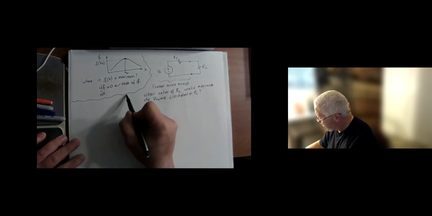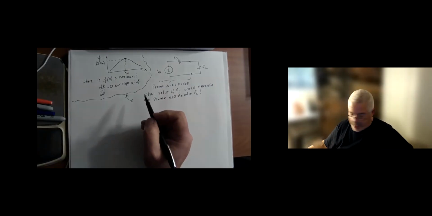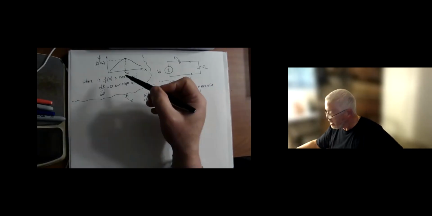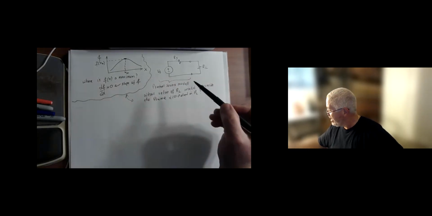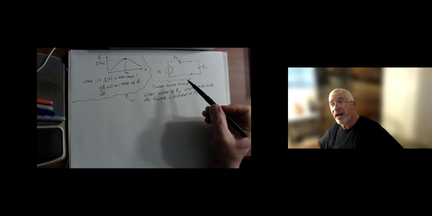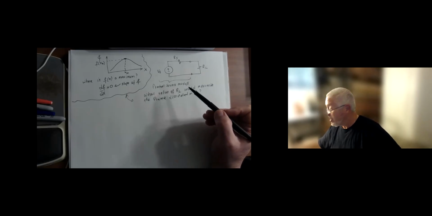So you can see the analogy between this calculus problem that we solved in our calculus class and this really elegant engineering problem that we are trying to solve here. What are we trying to do? Here we're talking about maximizing f.